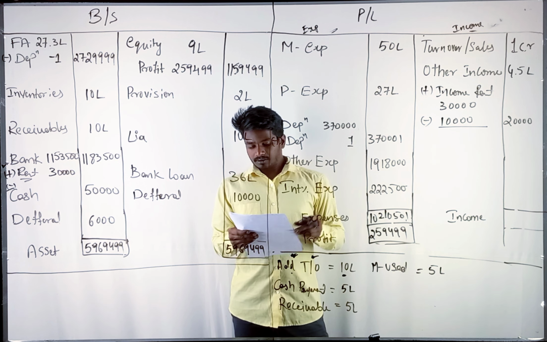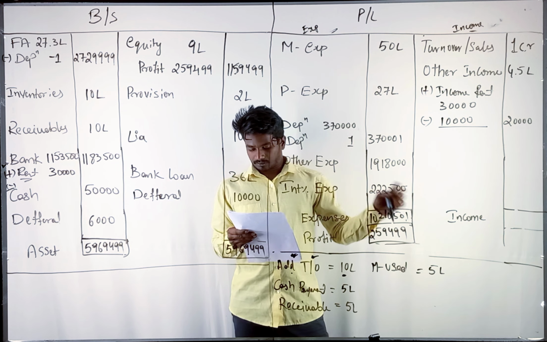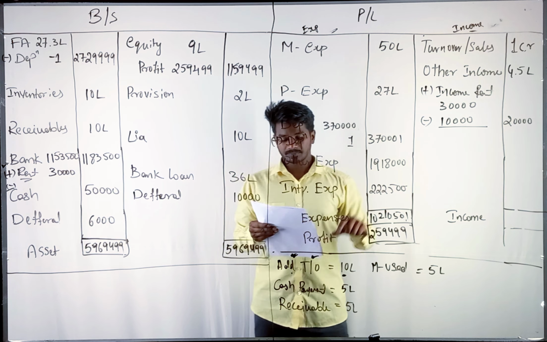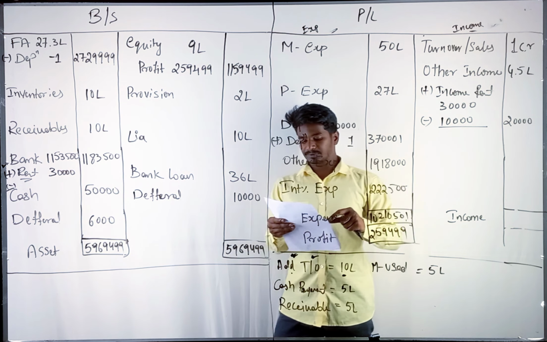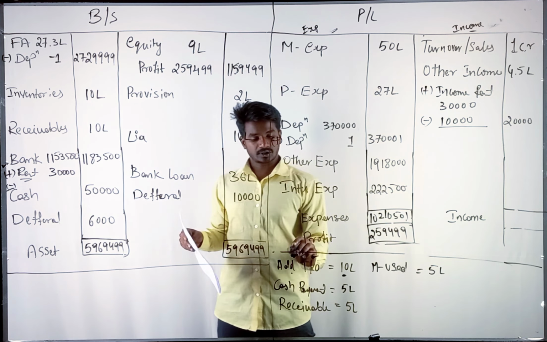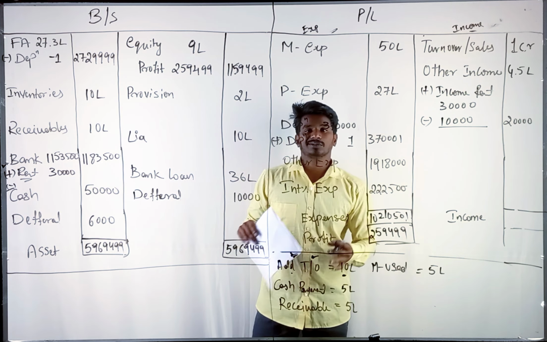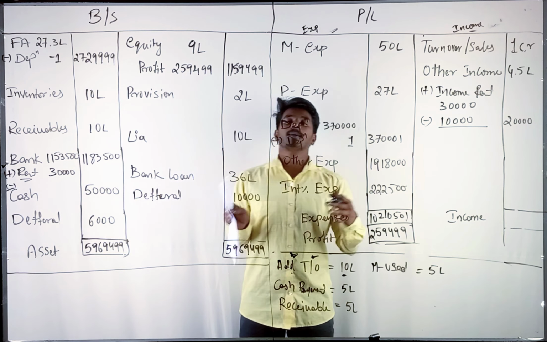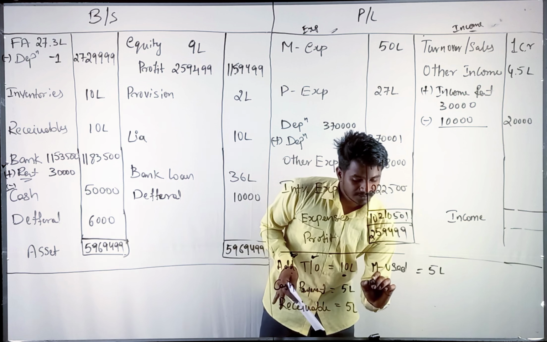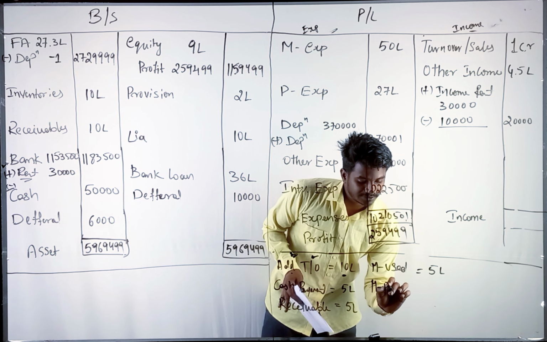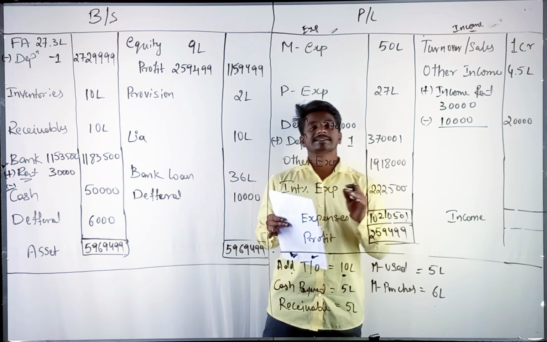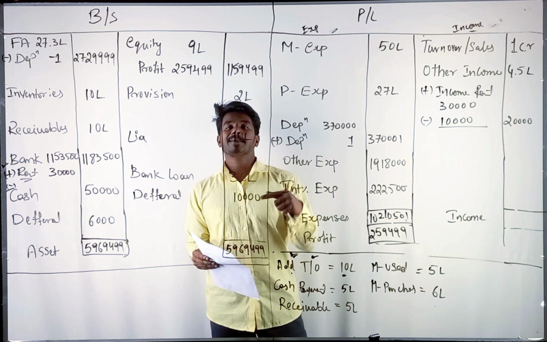Then which taken from the stock, leave that. Increased production capacity leads to a necessary purchase of material amount to 6 lakhs. Whatever the production increased, right, for that we need more material. For that we have purchased the material for 6 lakhs. Material purchase, we have purchased for 6 lakhs, which is unpaid.